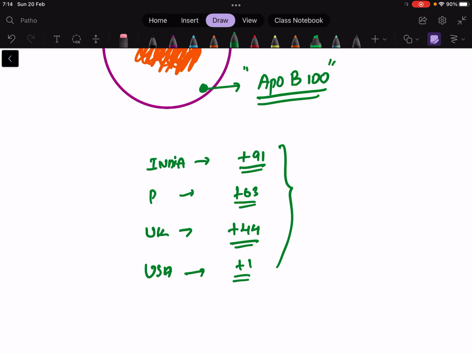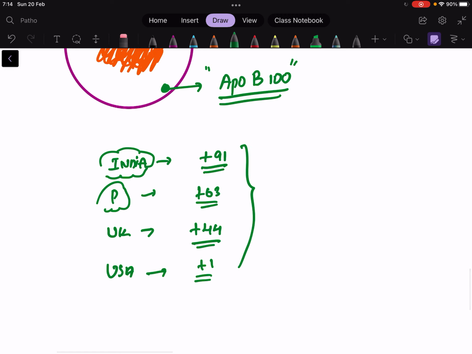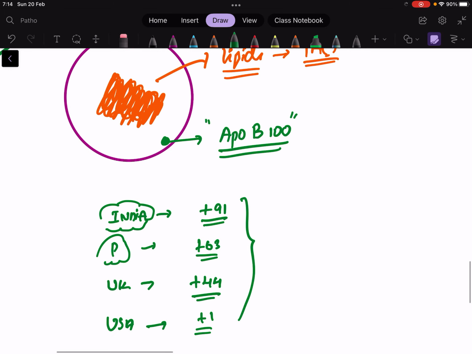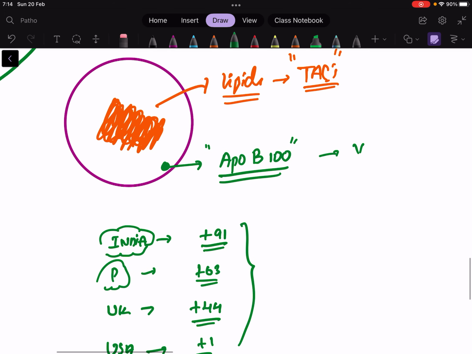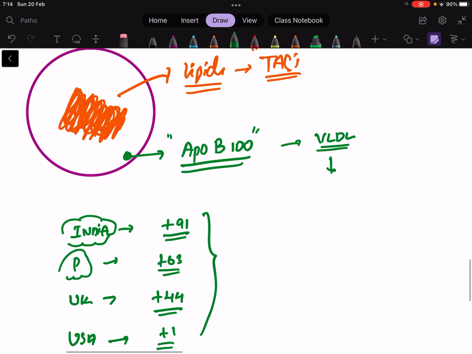So basically by seeing this we can say that it is coming from India. The phone number is from India, the phone number is from Philippines, the phone number is from UK, and the USA similarly. So if a lipoprotein has ApoB100, we can say that it can be a very low density lipoprotein, or very low density lipoproteins can break down into a complex called intermediate density lipoproteins, and eventually they can be converted into low density lipoproteins.